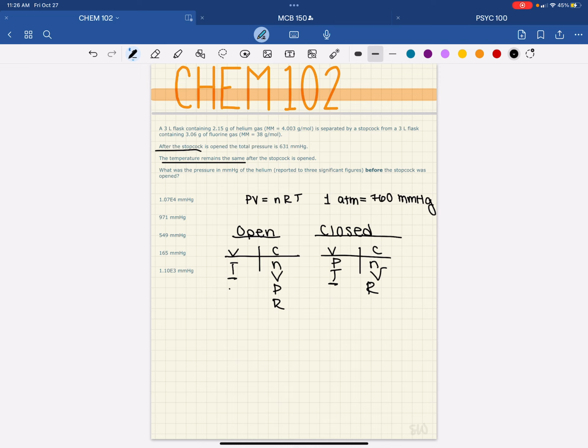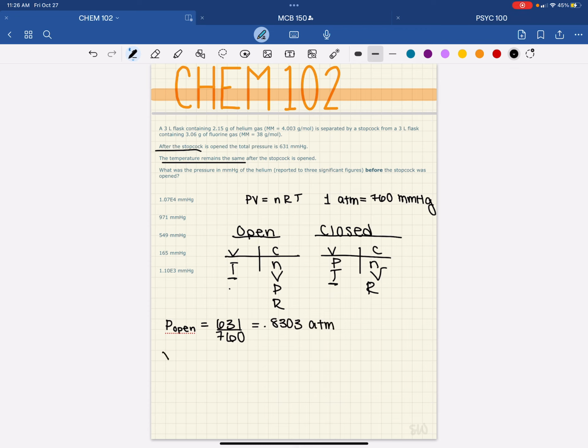So I'm going to do my pressure for open equals 631 divided by 760, which is equal to 0.8303 ATM.